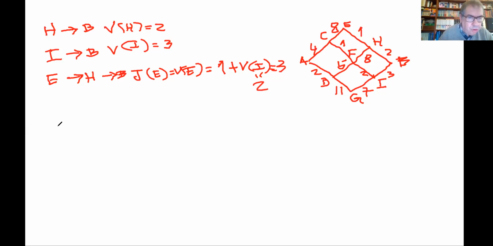Now, if you are at F, things start being more interesting because you can go either to H or you can go to I. If you go to H, then you spend 8 going to H, and then the value of H is what? It is 2. Look at the first row. So this is 10.